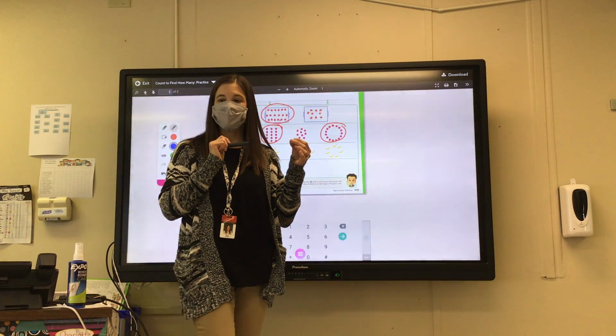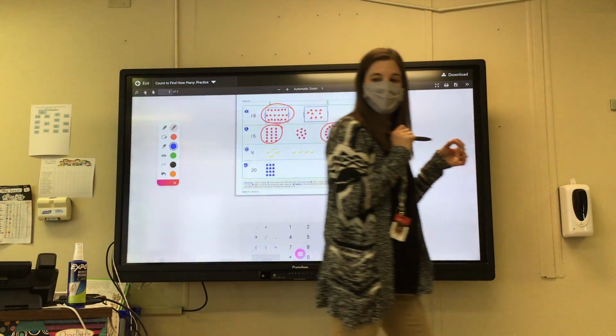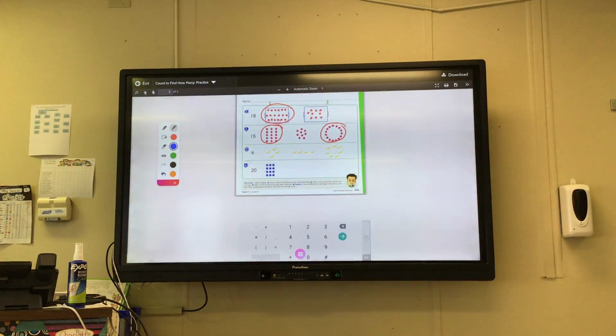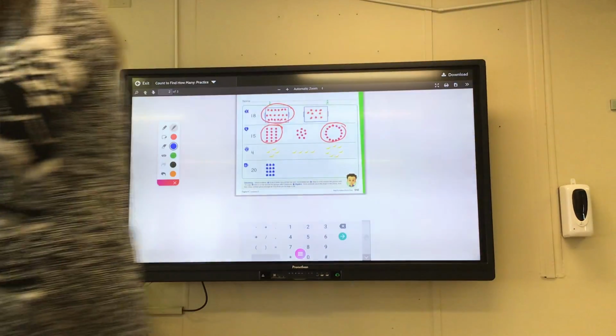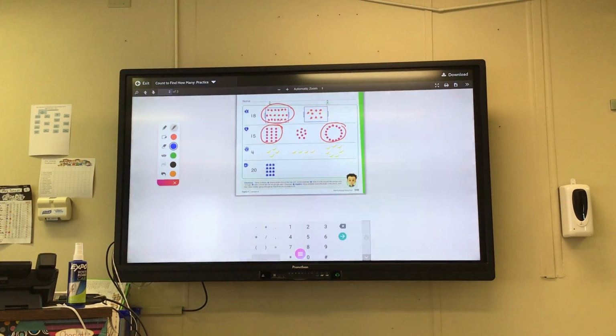More than one group has 4 bananas, so circle the groups that have 4 bananas. You're gonna need to circle 2 groups.